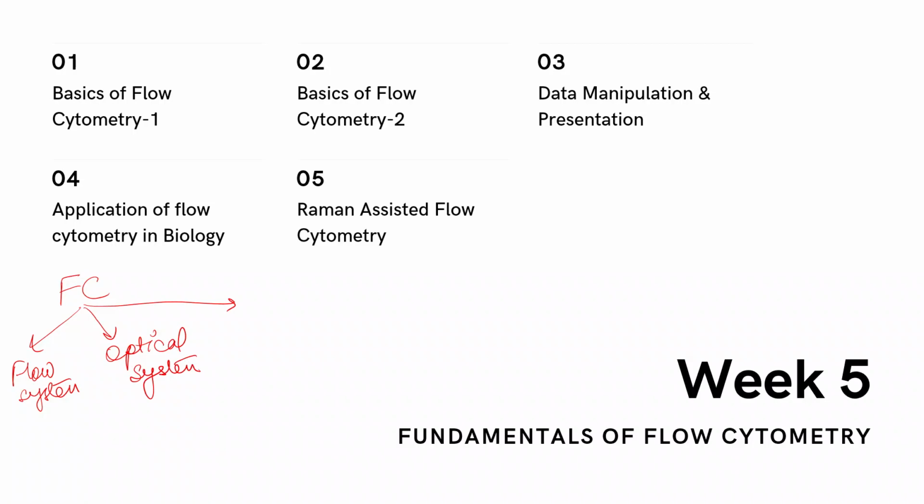And you have electronic systems, in which the optical signals that you are acquiring are converted into electronic signals and analyzed by a computer, and you can analyze the data. So you have these three systems or components present in a flow cytometer.